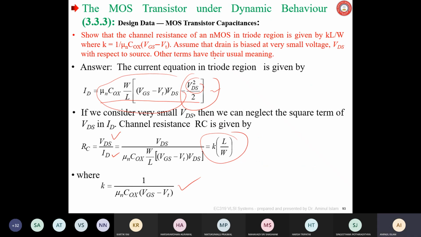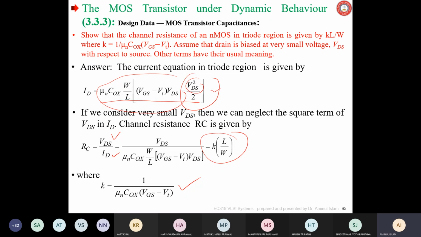One small question: show that the channel resistance of an NMOS in the triode region is given by K L by W, where K equals 1 upon mu n COX into (VGS minus Vt). Assume that the drain is biased at a very small voltage VDS with respect to source.